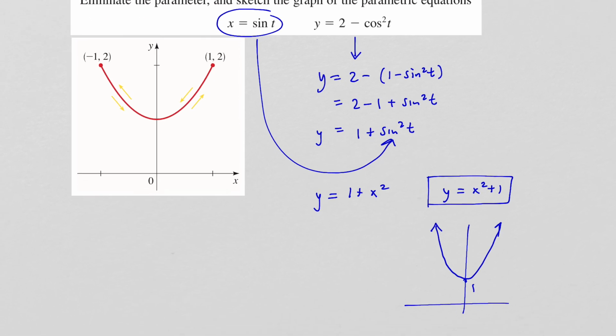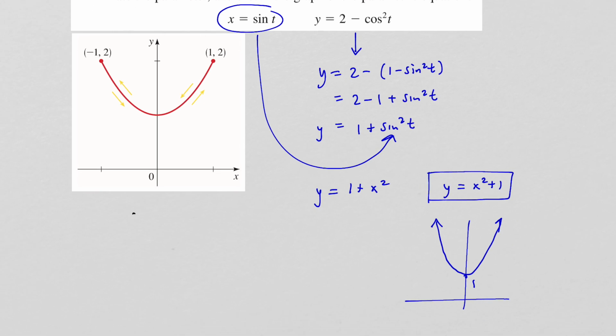Well, if you think about it, remember, sine of t is always a number between -1 and +1. And so if x equals sine of t, this means that x can only be a number between -1 and +1. So down here on this graph of this parabola, we're only going to get the section of the graph that corresponds to those x values, right?